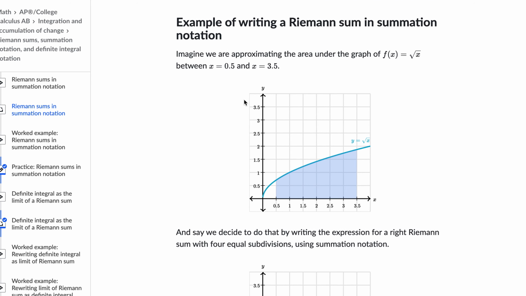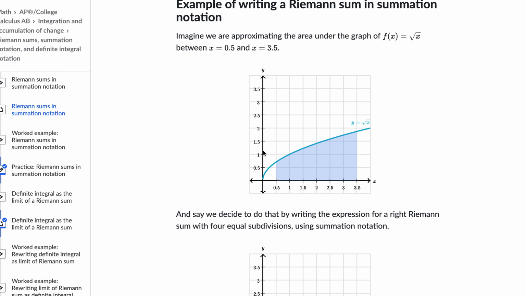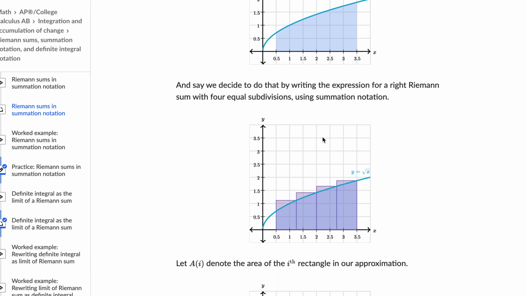I like the pictures. They're starting off with a very simple concept that we're going to sum up the area underneath this square root function from 0.5 to 3.5, so it gives you a lower bound and upper bound. You can see that the total width of that area is 3 units. So as they go through it, they break it down here.